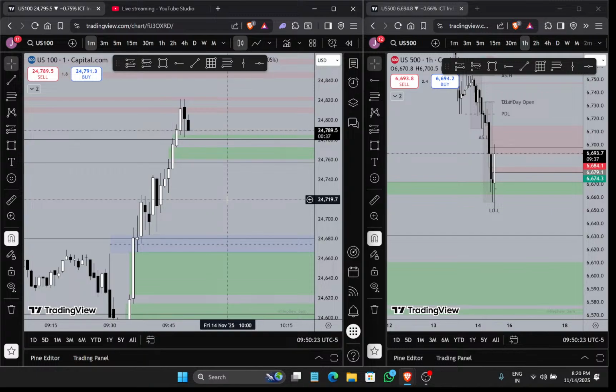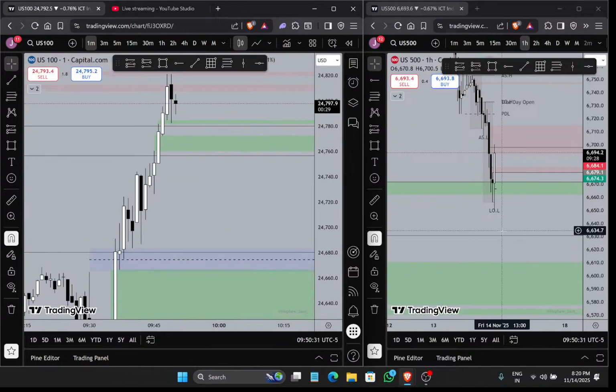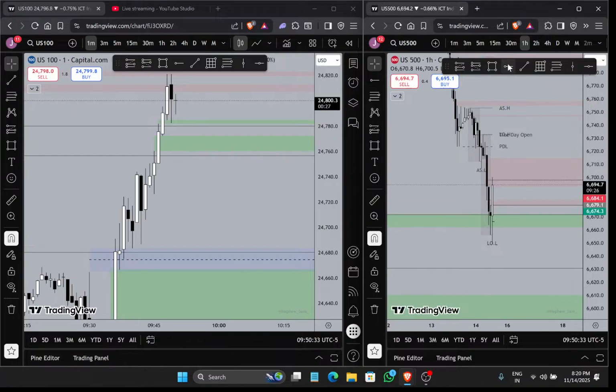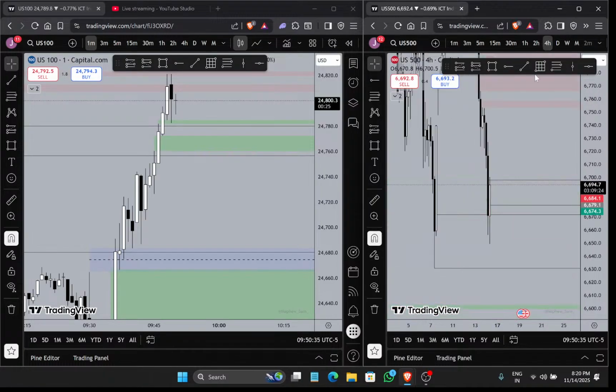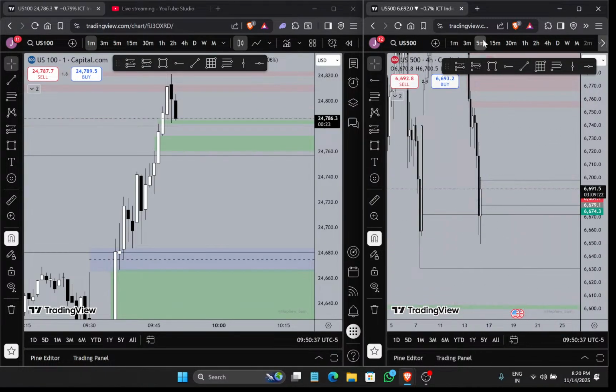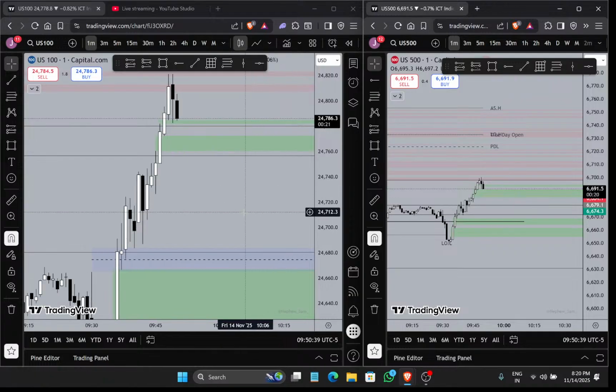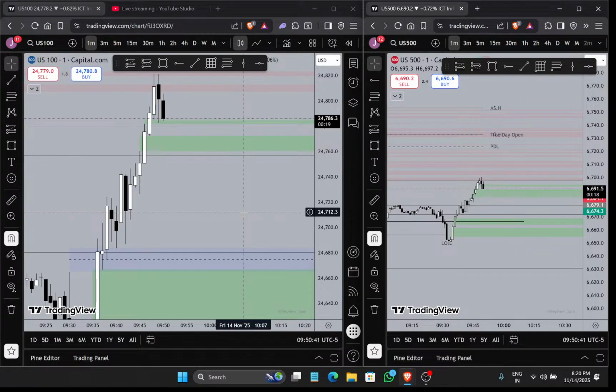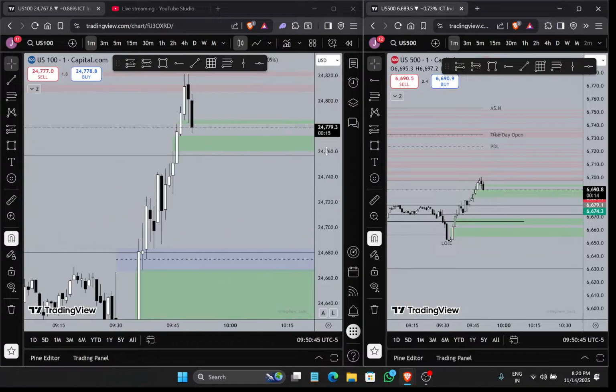The 3 minute will form in 37 seconds. Should we wait for that? We are inside this 1 hour gap, so pretty clear rows are sitting right there. So if we can inverse this 1 minute, maybe we can short.